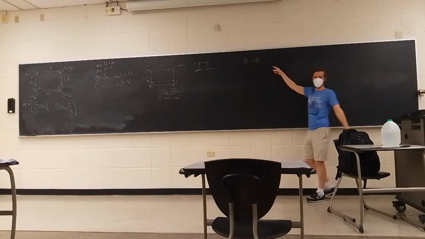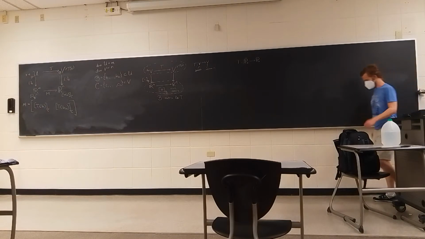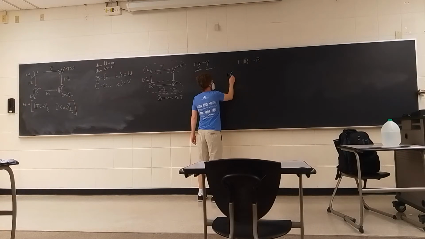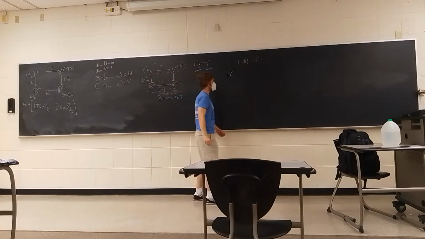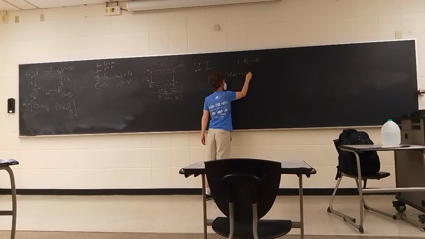This was the space of all quadratic polynomials, right? The vector space of all quadratic polynomials. So we want to know how this acts on an ordinary element of P2, ax squared plus bx plus c.